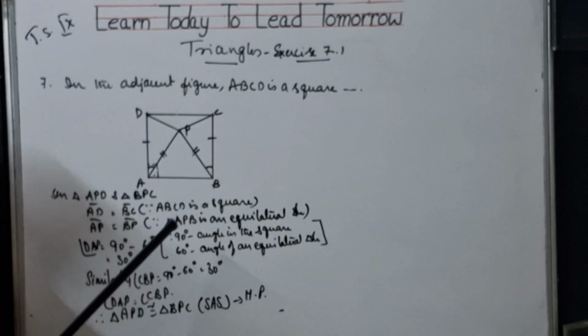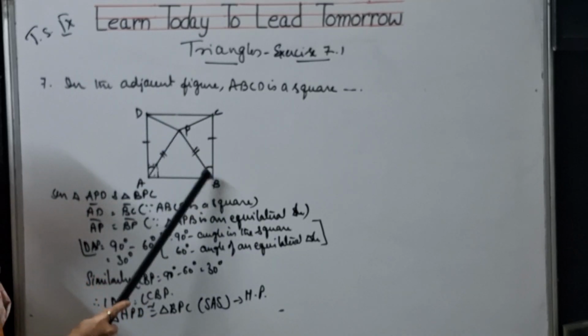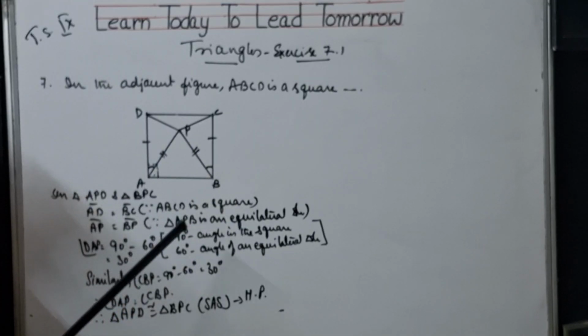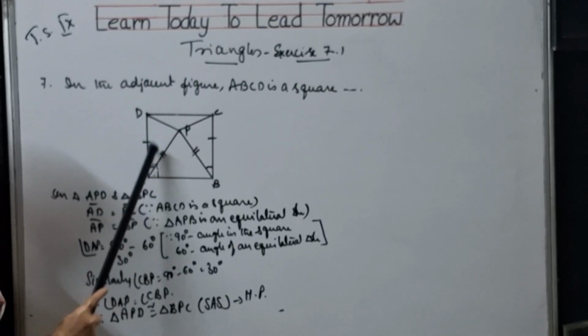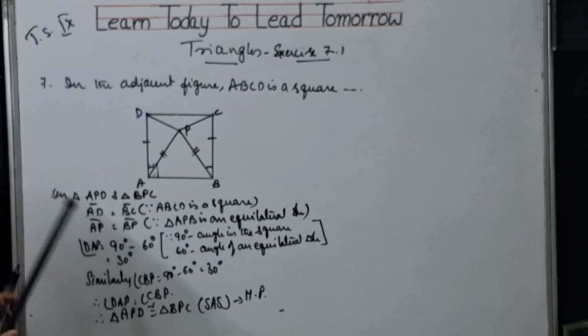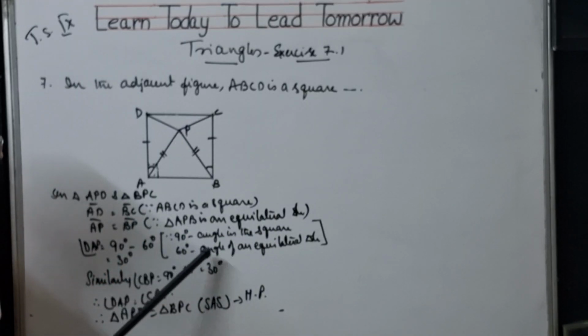ABCD is a square, that is why. And what else we can say? AP is equal to PB because these are the sides of equilateral triangle. And angle DAP is nothing but 90 minus 60 degrees, in which 90 degrees is angle in the square and 60 degrees is angle in equilateral triangle.